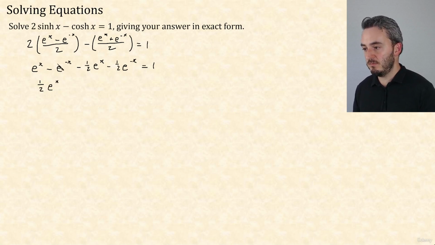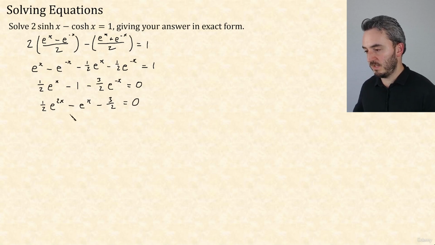Let's get the 1 over on this side as well, minus 1. Then I've also got minus 3 over 2 e to the minus x. Multiplying through by e to the x, I've got half e to the 2x minus e to the x minus 3 over 2, and there's our disguised quadratic. So not too bad in this case.